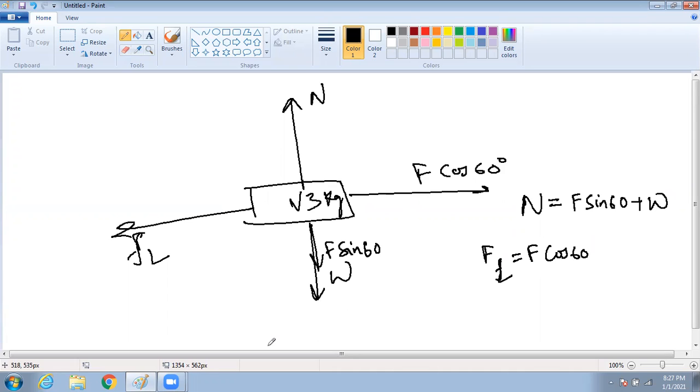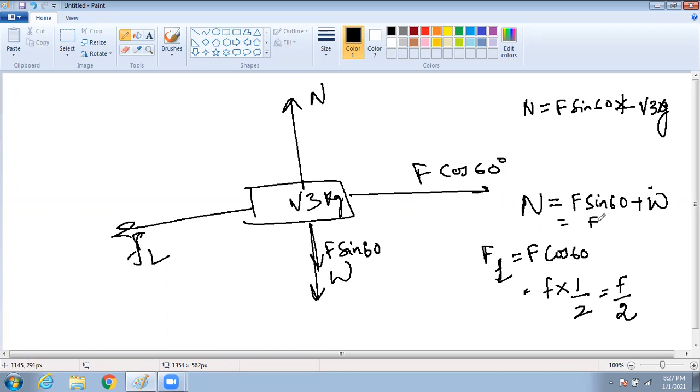So can I write this as N equal to F sin 60 plus weight, which is root 3 into G. And FL will be F into cos 60, which is 1 by 2. And this will be F root 3 by 2 plus root 3G. Clear or not?